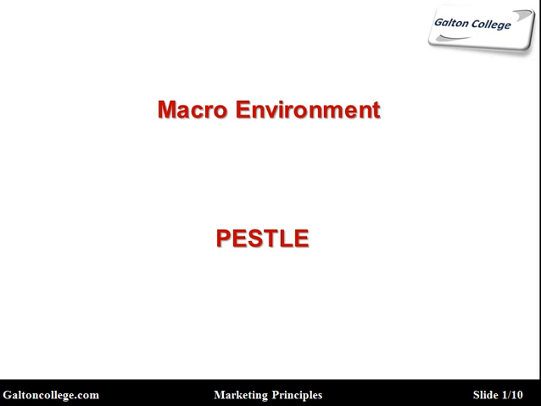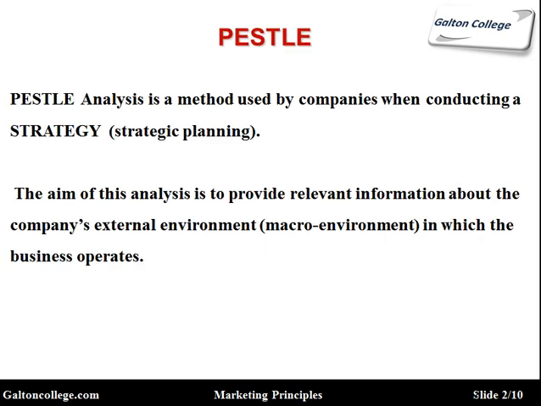Anyway, let's look at it. It's a method used by companies when conducting a strategy or a strategic analysis of the business, when it's looking at strategy. So it is important because it talks about the business in the context of these wider environmental influences.